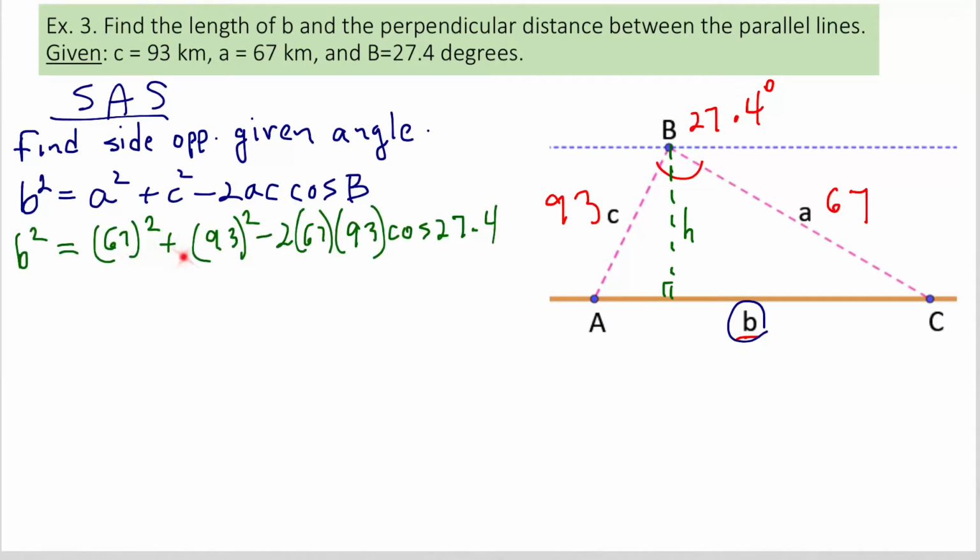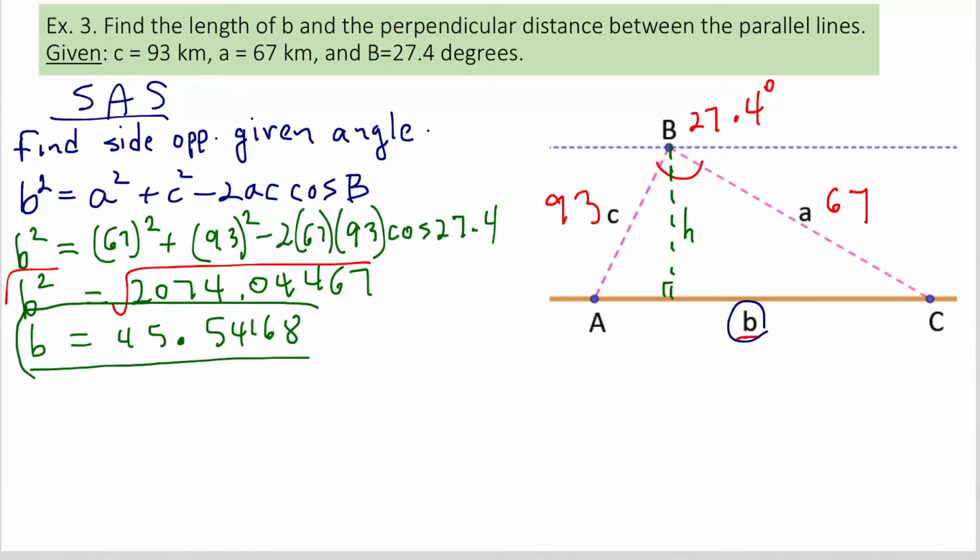So I substituted everything into my equation, where my only unknown is lowercase b. I'm going to type all of this into my calculator and check it a couple times to make sure I've done that correctly. And I get this number here, which I'll then take the square root of to give me b.